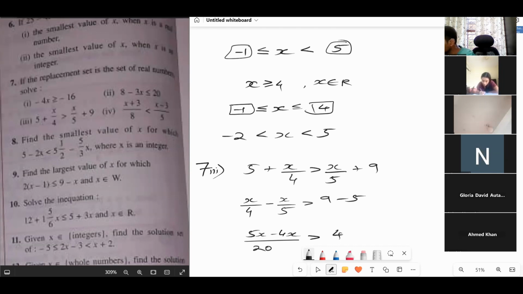How -4 you got? -5 plus 9 is how much? -5 plus 9 -2. Your addition subtraction is wrong. You have to put the sign of the bigger number, no? Oh, yes.